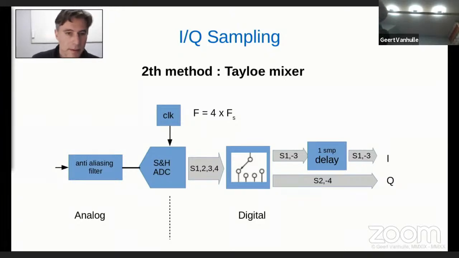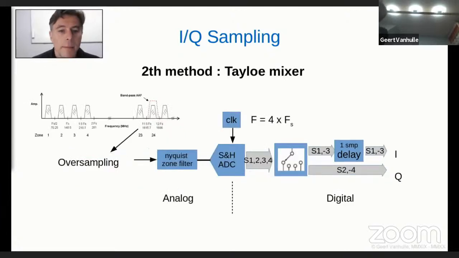So let's combine this with what we have seen in the first part of the talk concerning using aliasing to our advantage. We can use oversampling at the input of our newly formed digital Tailor mixer.